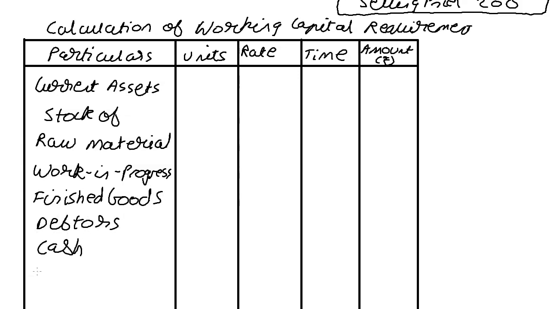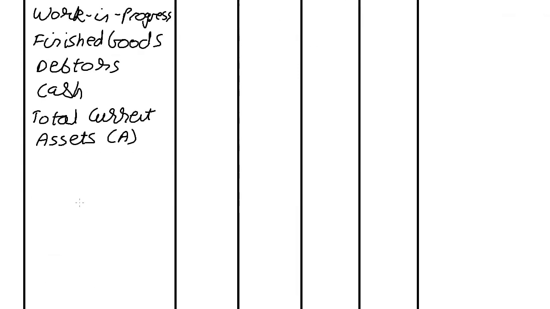Once you're done till there, you can get total current assets, which is denoted as A. Alright, and now proceeding, we have current liabilities.